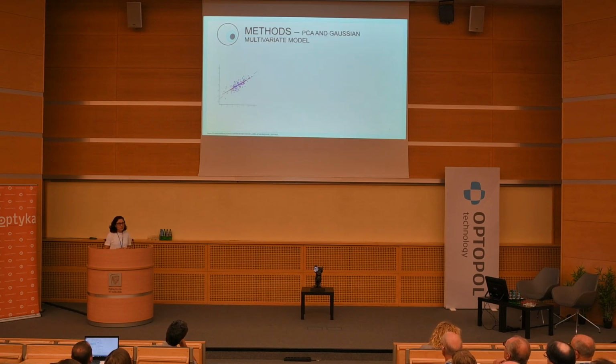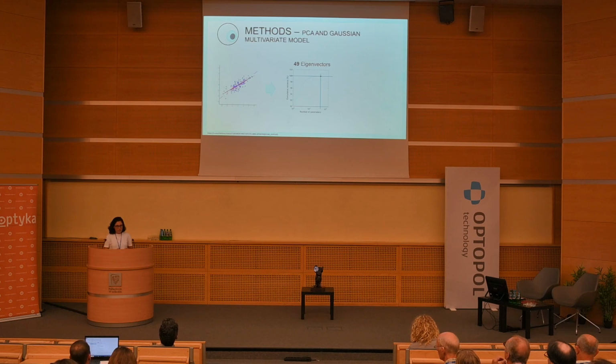So the method that we followed for applying PCA and then constructing the model was applying the PCA to the 115 wavefronts that were explained before, and with this PCA we reduced the dimension to 49 eigenvectors.